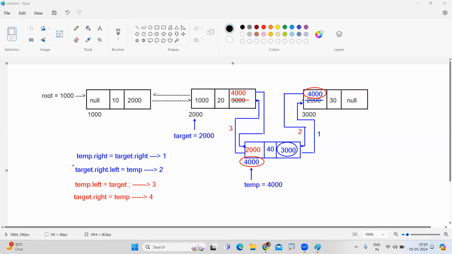Nothing but this one is the second one. So when you have to do the second one, if target to right is not equal to null, this one you have to do. If the target to right is not equal to null, then only you need to do this one. Else this is not required.